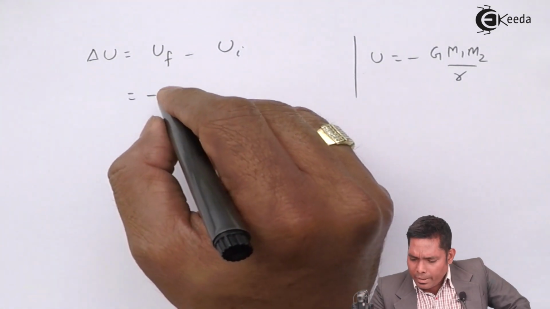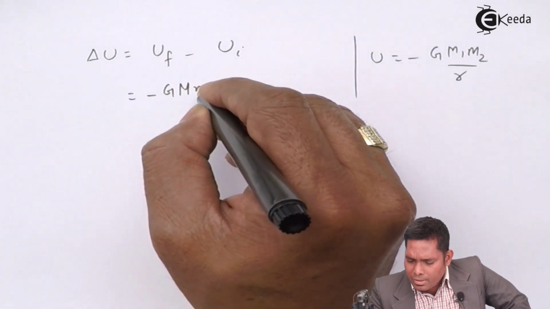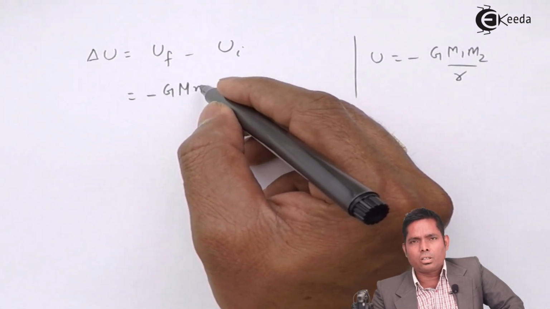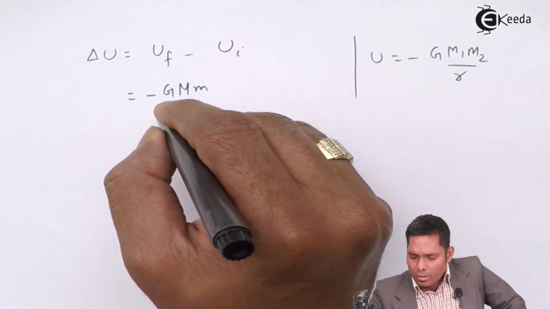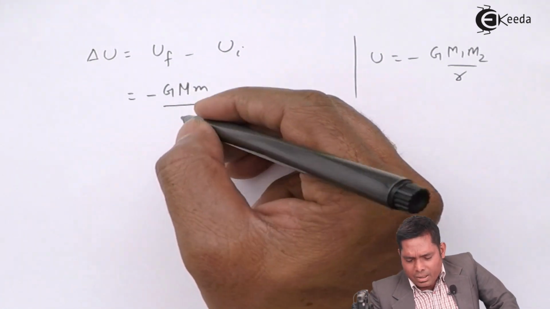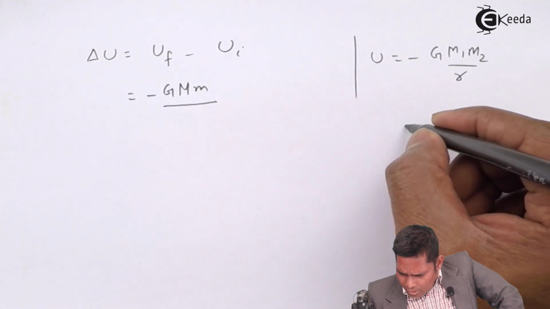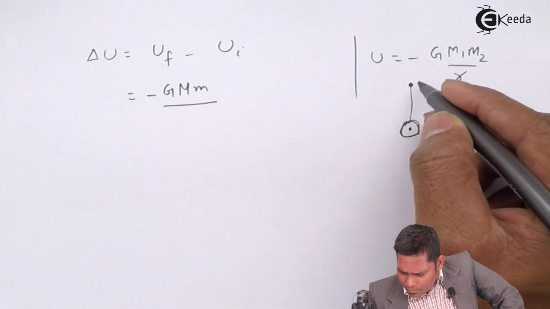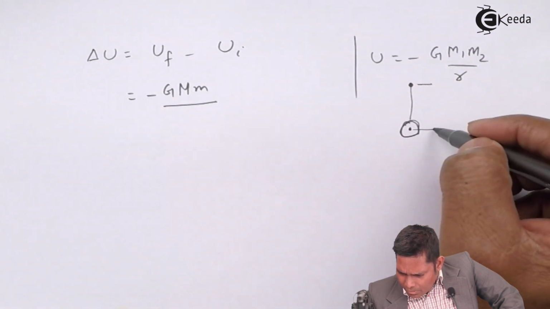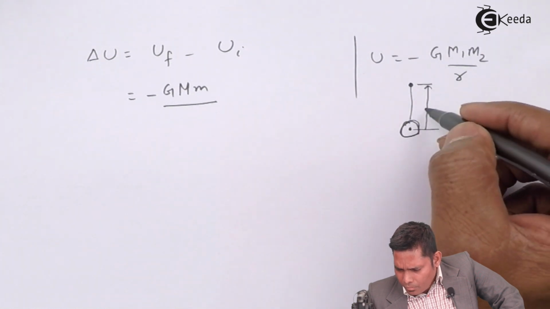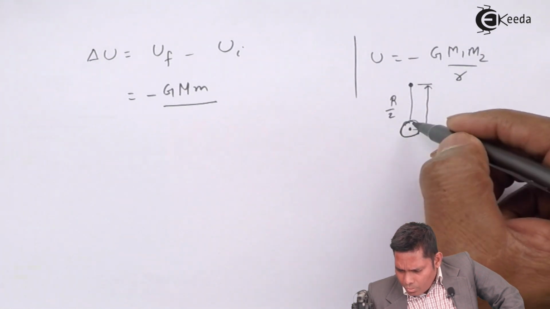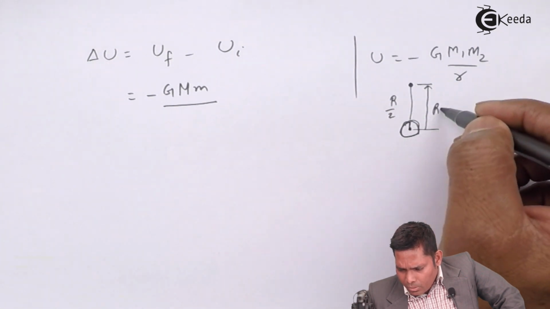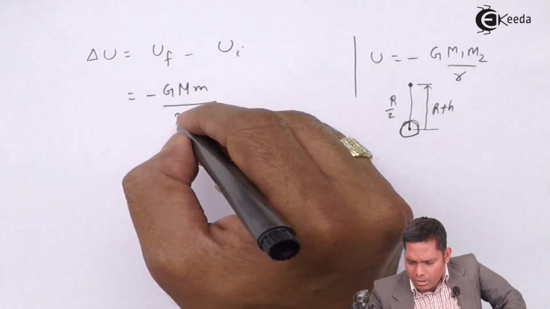Those two masses involved are the mass of the Earth and the mass of the object, which is taken above, divided by r. What is that r? When the object is taken from the surface to a height, the r is measured from the center. So this is your R, taken to a height R by 2, but then this R is also there. So R plus h is the value, that is R plus R by 2, that is 3R by 2.